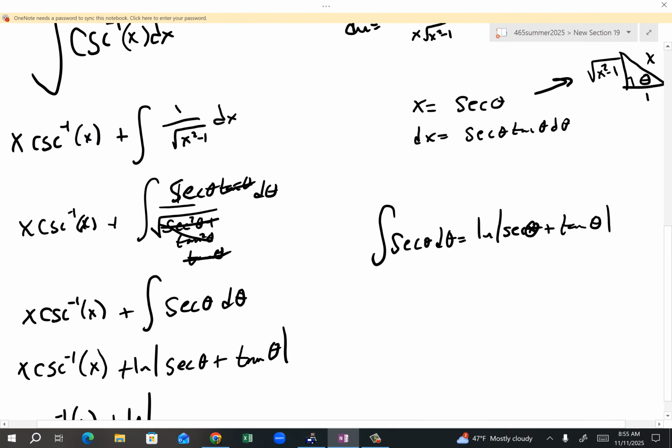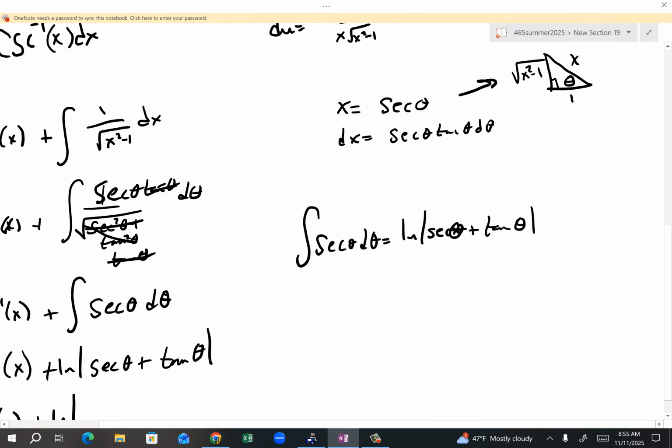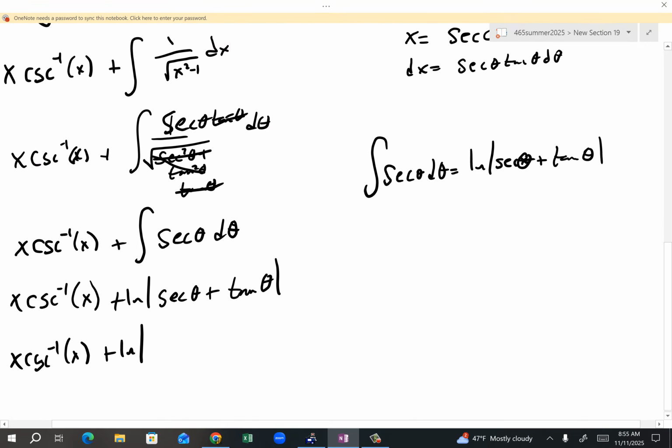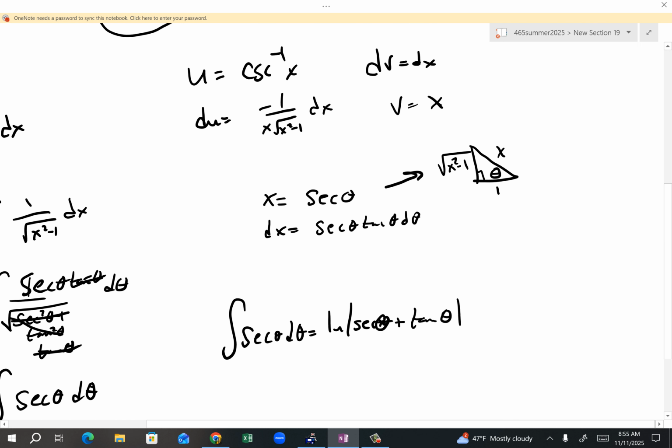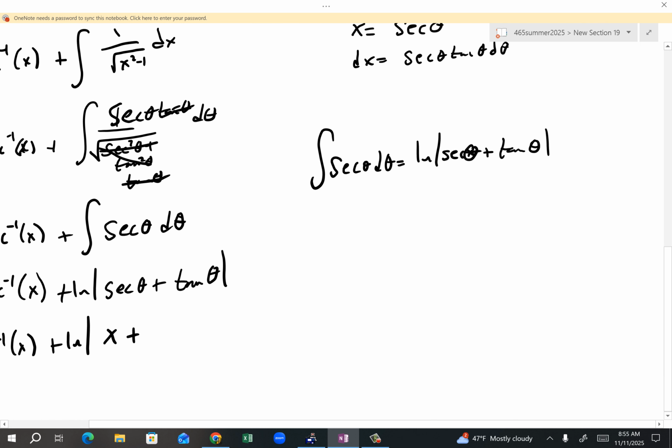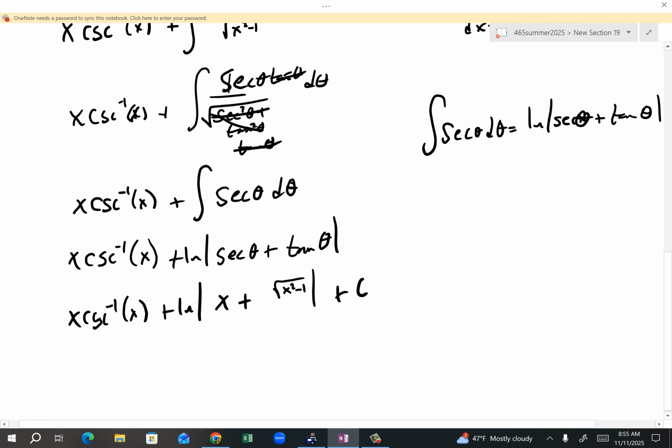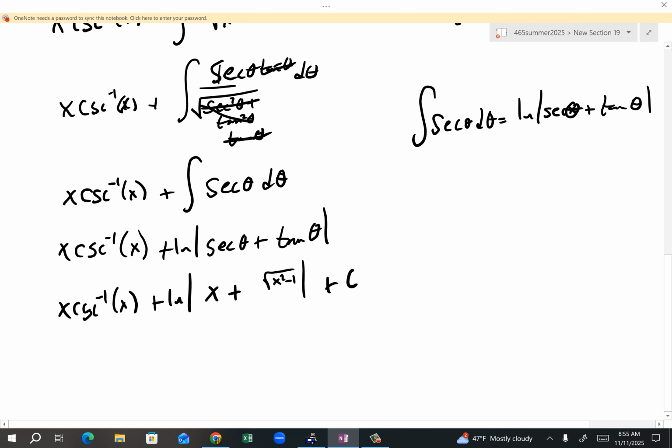Well, the secant of theta is x over 1, so just x, plus the tangent would be the square root of x squared minus 1 over 1. So just that plus c. And then you're home free. That's the antiderivative. Boy, wasn't that a good time.